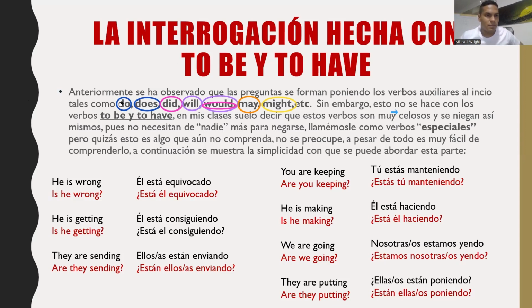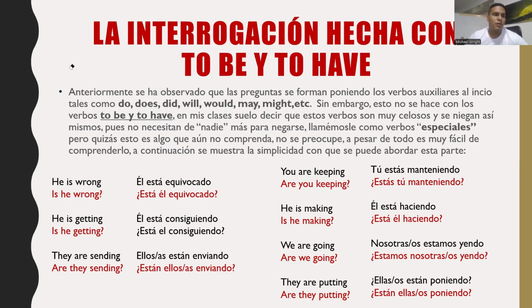So that is why we say that these verbs are special. They are so special, but maybe this is something that you don't comprehend at all. So no worries, because it is so easy to understand.